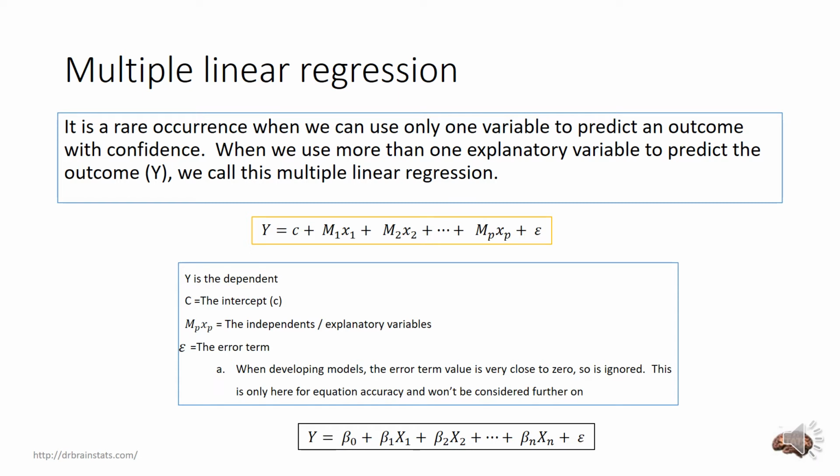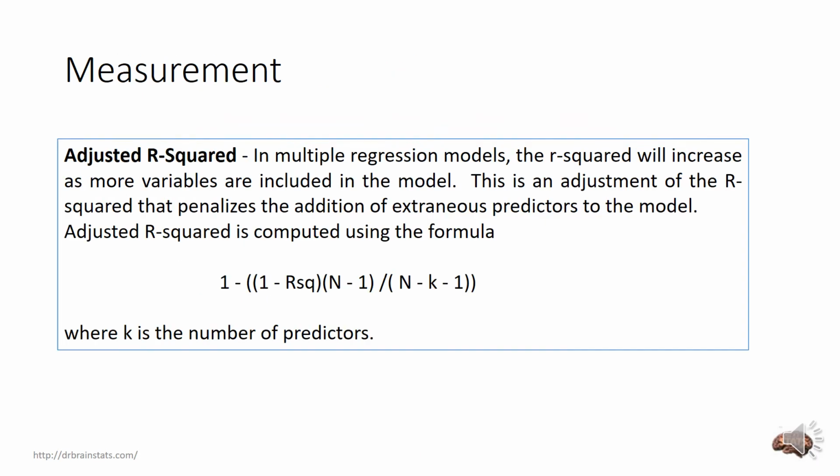When developing models, the error term value is very close to 0, so we tend to ignore it. It is only here for equation accuracy and won't be considered further on. Also on the slide is an equation which other people may be more familiar with.